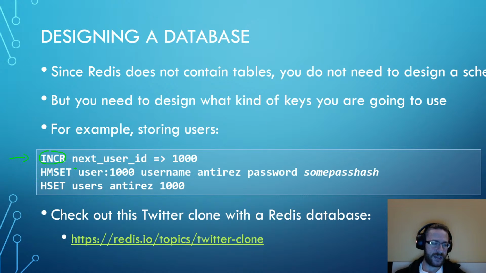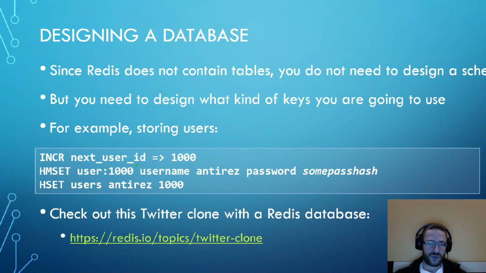Then the next thing is to store the user as a hash. So we have a command which specifies multiple set. It's the same as hash set, but it's multiple set, and it allows us to save multiple properties. So the second structure we're going to use is the hash, and we're going to say, okay, let's save the user with ID 1000, store his username, and store his password.